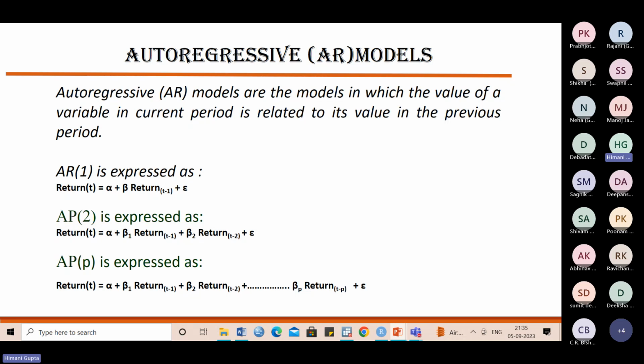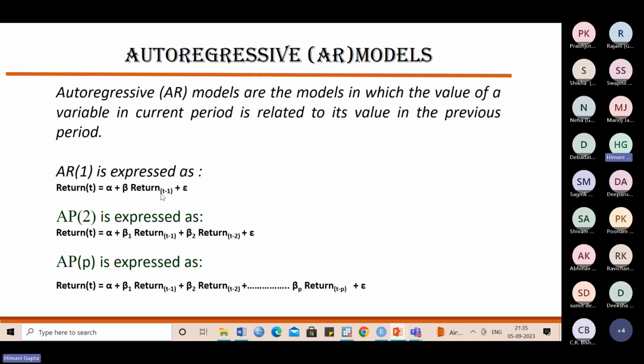If today is 100, yesterday maybe 90 or 91, and some people are born over there. If yesterday it was 101 and today it's 100, that means one person must have died. So today's population depends on its past. I'm not taking any other variable. So the dependent variable is a function of its own previous values.